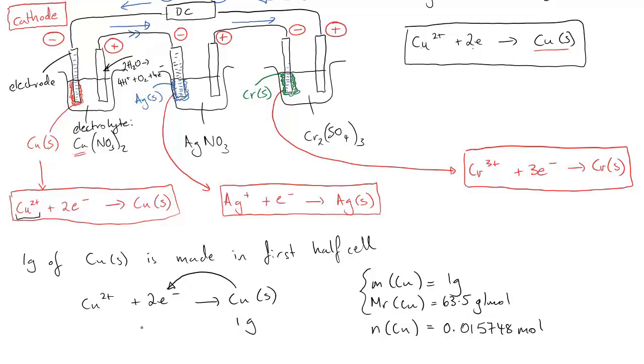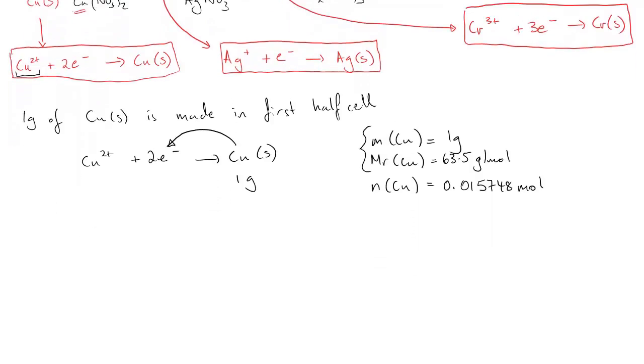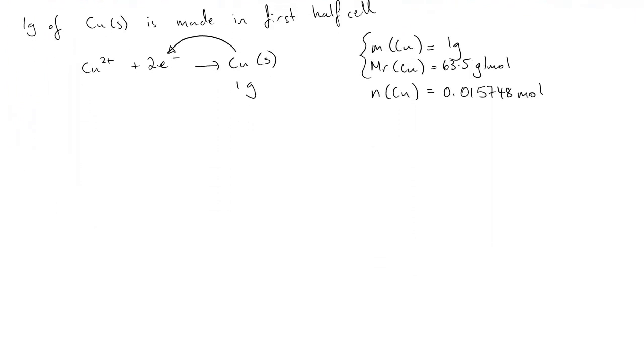Now, it's really important to find the mole of electrons, because if you don't, you won't know how many Faradays are passing through the system. It's quite important, this step. Using stoichiometry, the mole of electrons is double the mole of copper that is present.